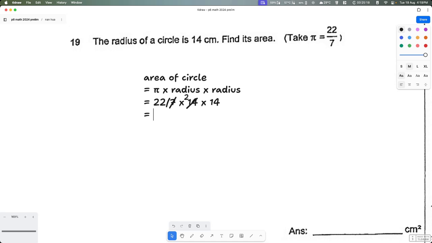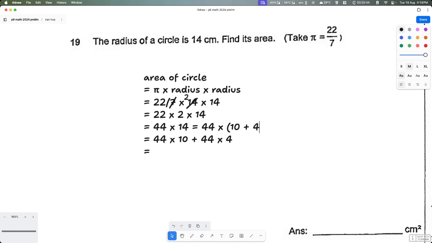So what will this become? Radius, okay, correct. So 22 times 2 times 14. This will then become 44 times 14. I will just break this down to 44 times 10 plus 44 times 4. Which is the same as 44 times 10 plus 4. So 440 plus 44 times 4.